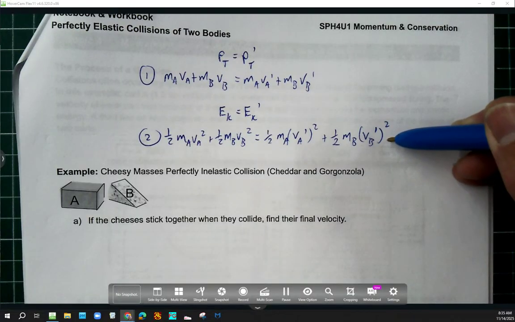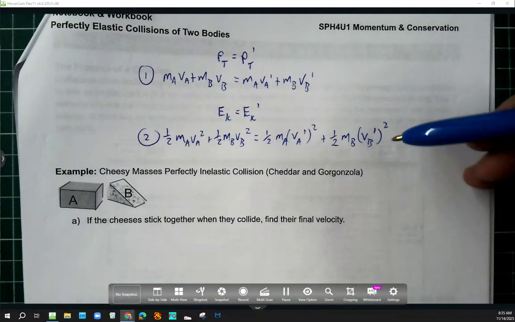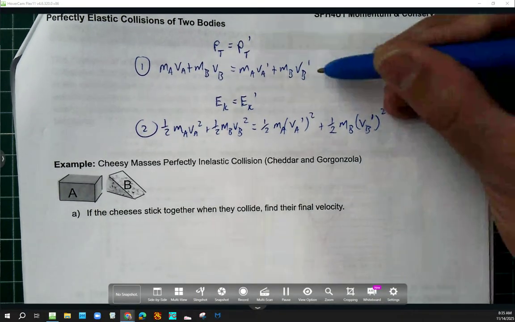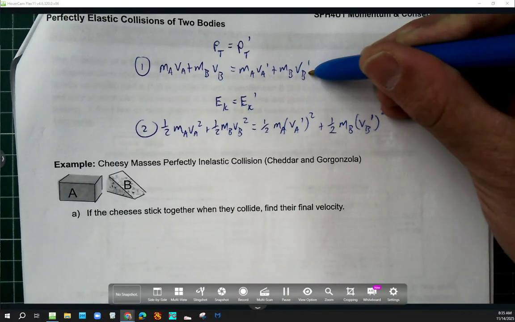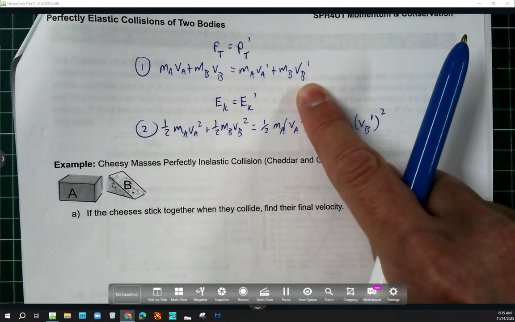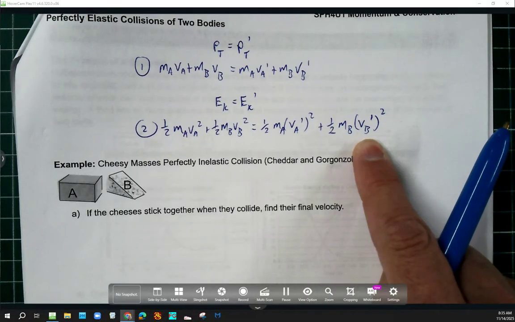So if I'm going to use a system of equations, if I'm solving for a V, there's going to be some squaring going on, and that's going to be complicated because this is a 4-term expression. Well, both of them are 4-term expressions. So you can kind of imagine, if I was isolating for VB prime, for example, and I subbed that expression for VB primed into the VB primed spot in equation 2, this is a 3-term expression that now has to be squared.